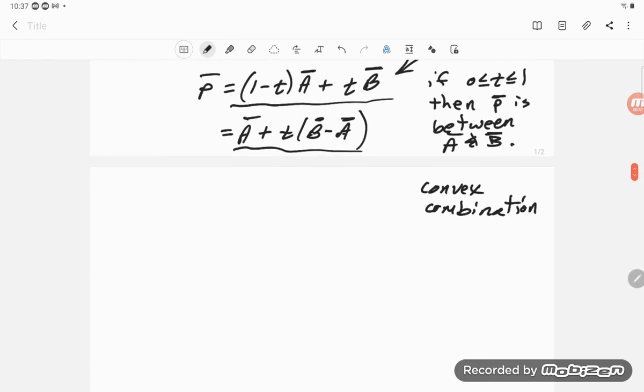Now, again, these are vectors, so you could write these each as a separate relationship.